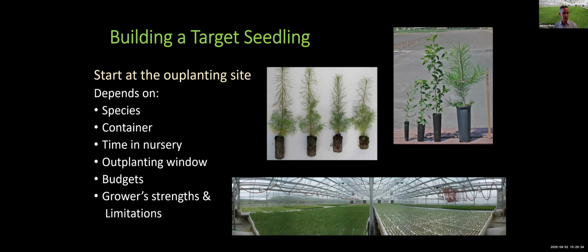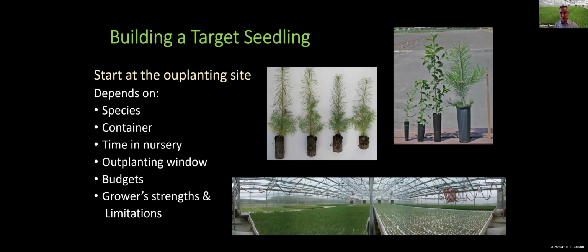So time in the nursery is important. It's also important to consider what your outplanting window is. And also there are things like budgets. But then, when we think of the options that are out there, we start to think, wow, there are a lot. But then we also have to think about some of the logistical constraints that we're faced with, including some of the limitations of the equipment that we have at the nursery, for example.